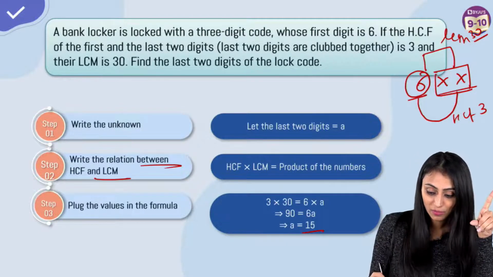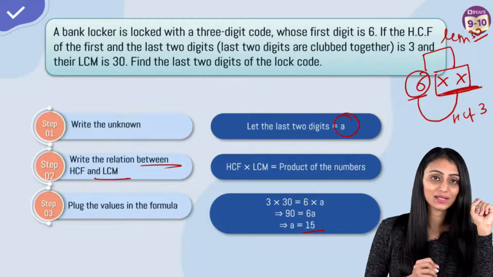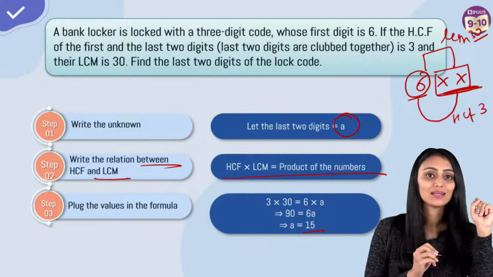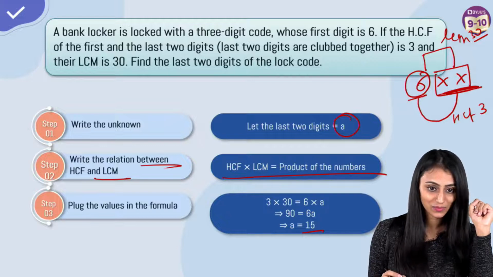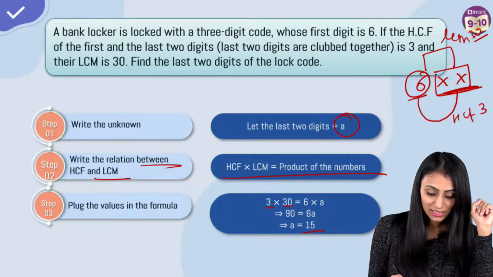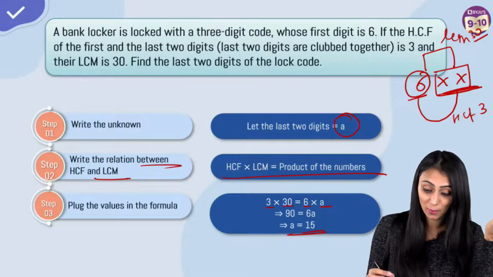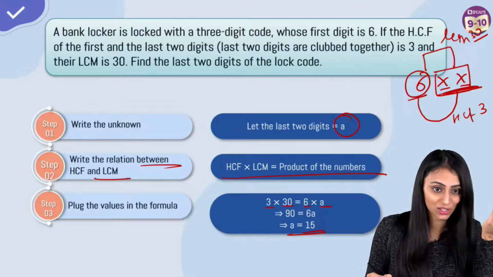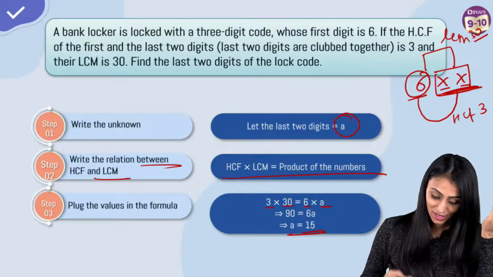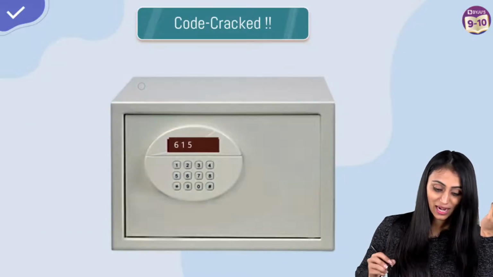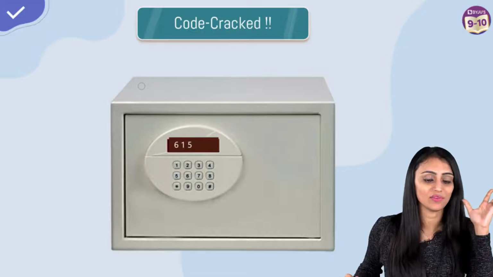We know one number, we don't know the other number. Let's say the other number is A. So using this relation, HCF is 3, LCM is 30, the product of the two numbers is 6 times A, you get A as 15. You are getting a 2-digit number and we required 2 digits actually. Yes? So we have cracked the code. It's 615, the final answer.